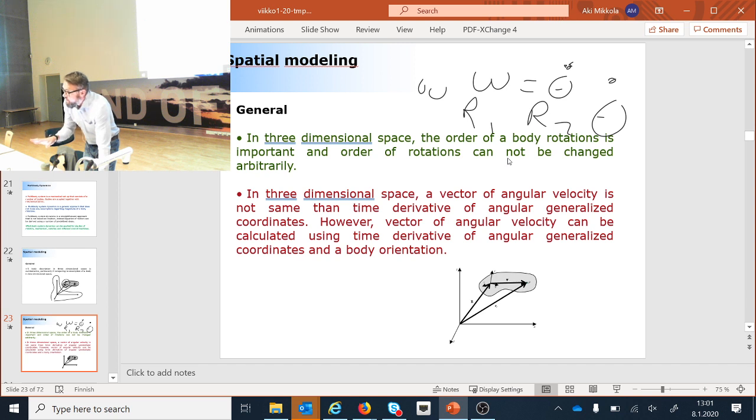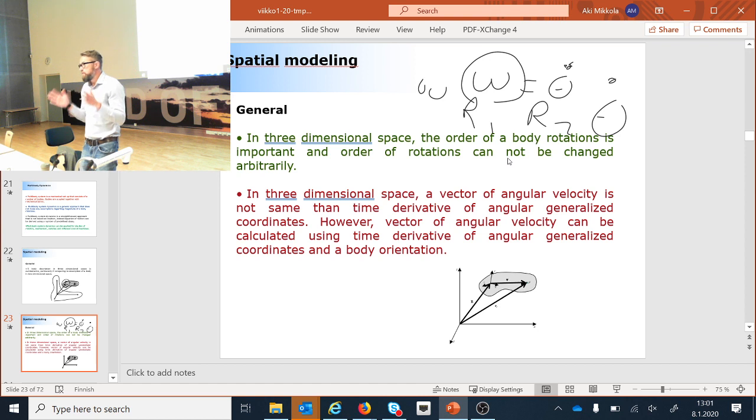Three-dimensional space is more complicated than that, and that's where the big difference comes from. Because in three-dimensional space, angular velocity is a vector, a vector that consists of three components. These three components can be described with respect to the body reference coordinate system or the global coordinate system.